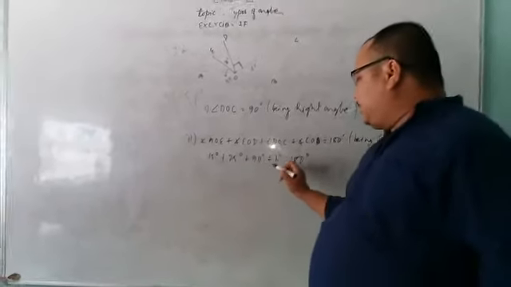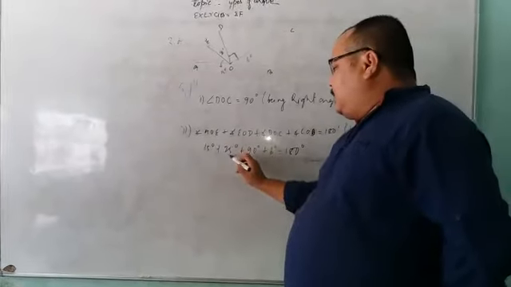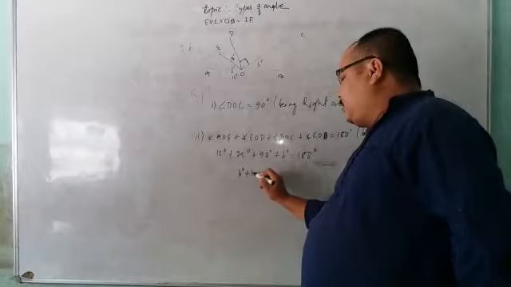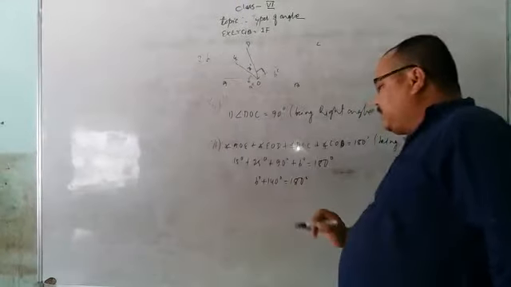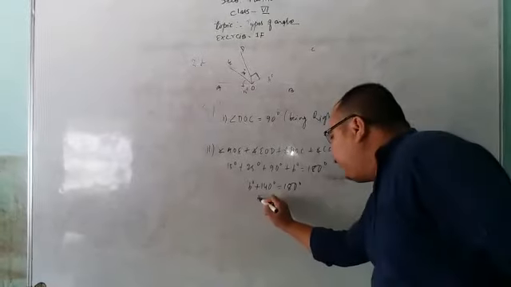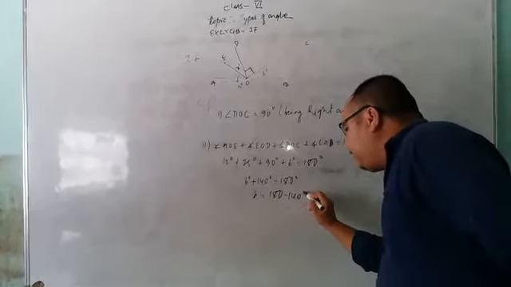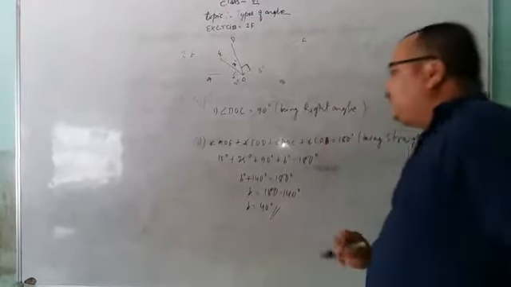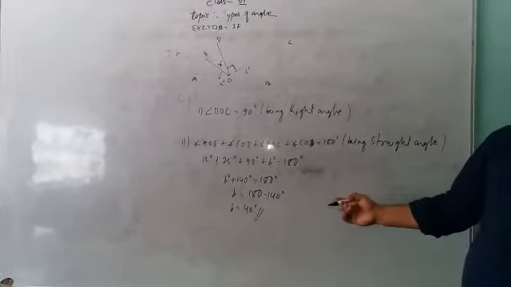So sum all these angles: 40 and 130 degrees. B degrees plus 140 degrees is equal to 180 degrees. So now B is equal to 180 minus 140. B is equal to 40 degrees. In this way we complete this question's solution.